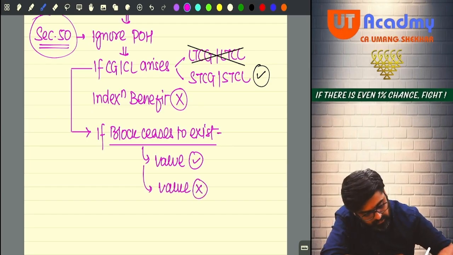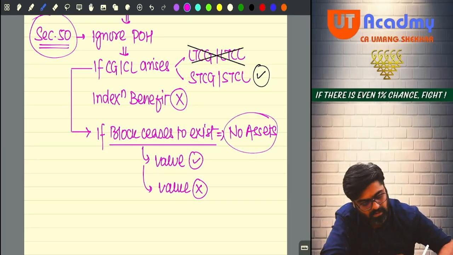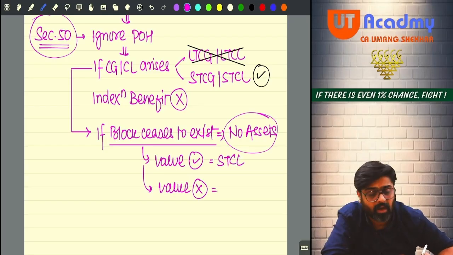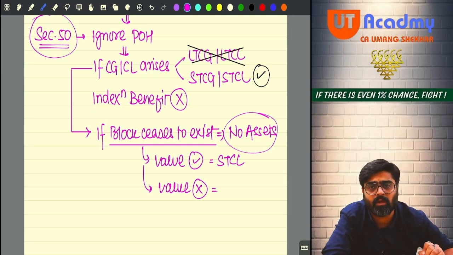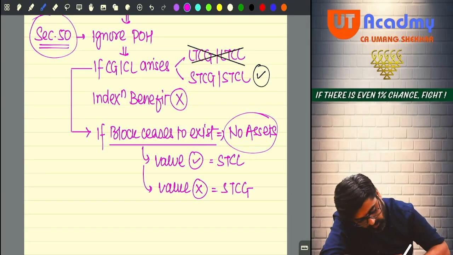Block ceases to exist means no assets in the block as on the last day. No assets in the block, but value is there: that value will be treated as short-term capital loss. No assets in the block and value is also not there: anything recovered over and above the value will be short-term capital gain. And this was the first case. Second case, if the block does not cease to exist.